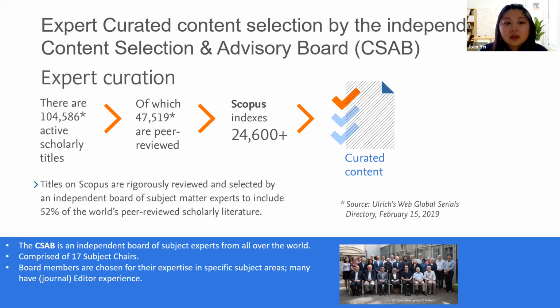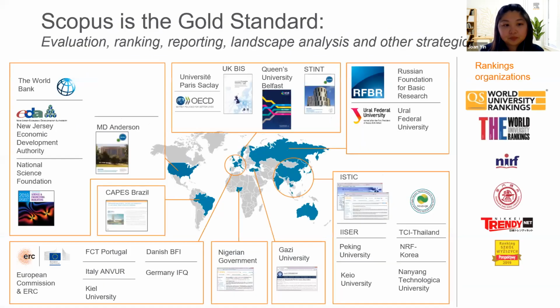advisory board. So the titles on Scopus are reviewed and selected by an independent board of experts, and include more than half of the world's peer-reviewed scholarly literature.